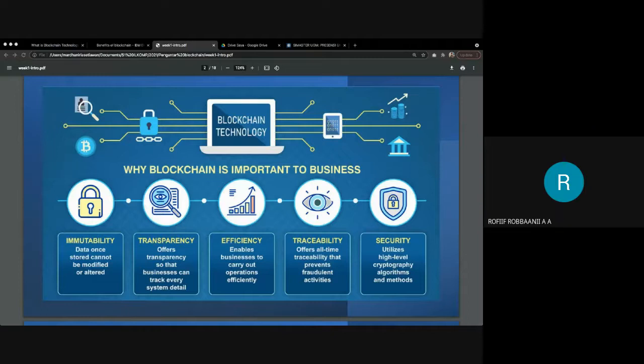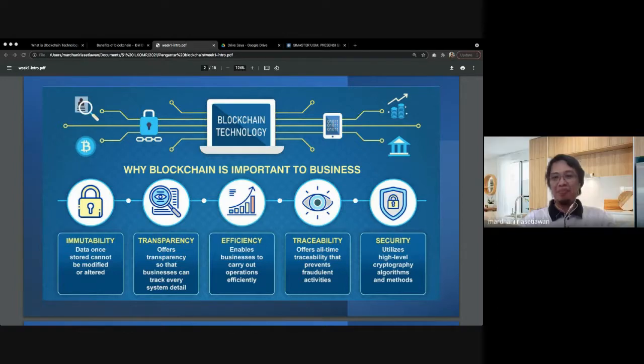We can really trust blockchain since it's unchangeable. So I think it will have a very big impact on the government side. Yes, I agree with you.